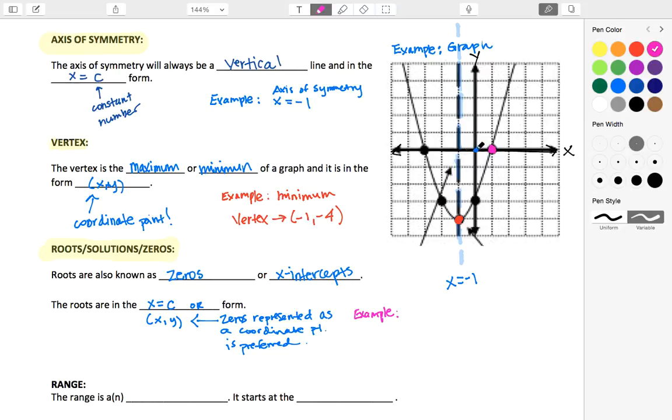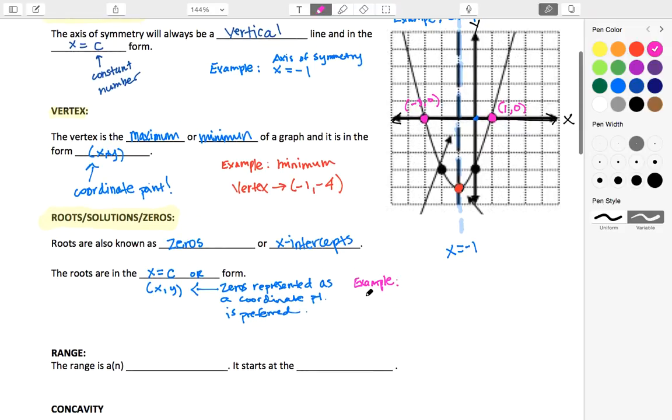At this point, this is (1, 0). And then we have another zero or root or solution, which is at 1, 2, 3, so (-3, 0). Okay, so in this case, we can say our roots.